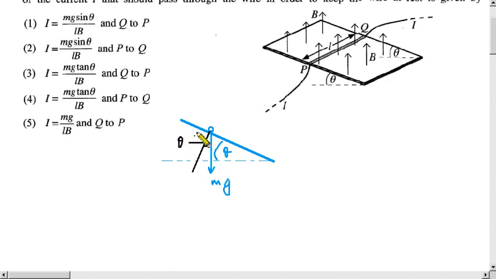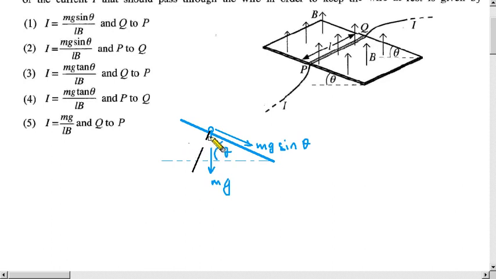This is theta, grade 12. You must have learned these things. So this way the component of mg is mg sin theta. You must know this, this is grade 12 physics. Now we are talking grade 13. So mg sin theta.